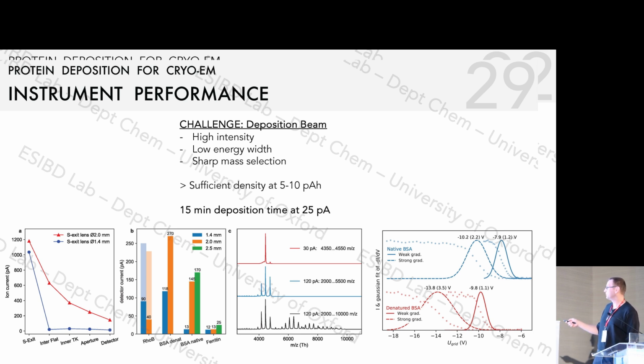The important point is the width of the energy. The energy width tells you how roughly your protein is treated while it flies through your beam column. We worked really hard, optimizing our beam conditions to get this width down to 1 eV, 1 electron volt, in order to treat the particles gently.